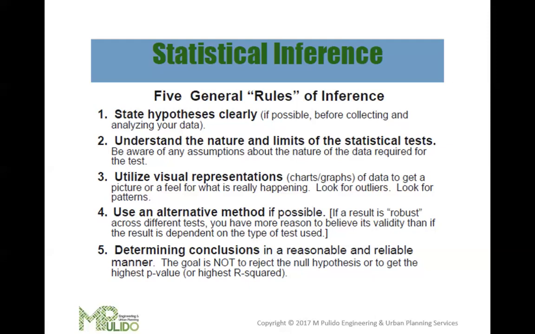So that's a difference. Then understand the nature and limits of the statistical test. Be aware of the assumptions and requirements of the statistical test you plan to use. Each test has specific conditions under which it is valid, such as the type of data, sample size, and distribution.